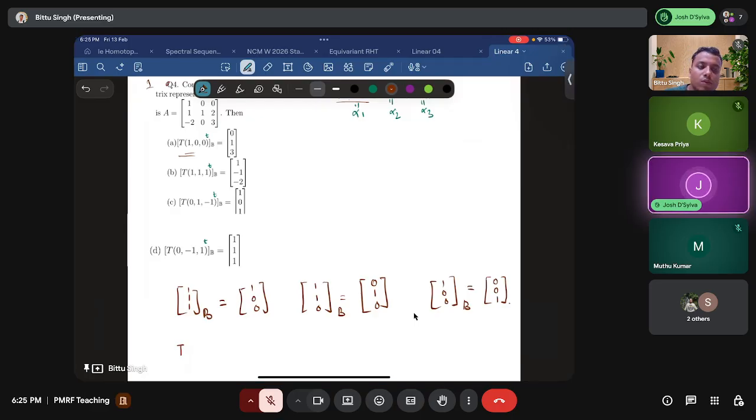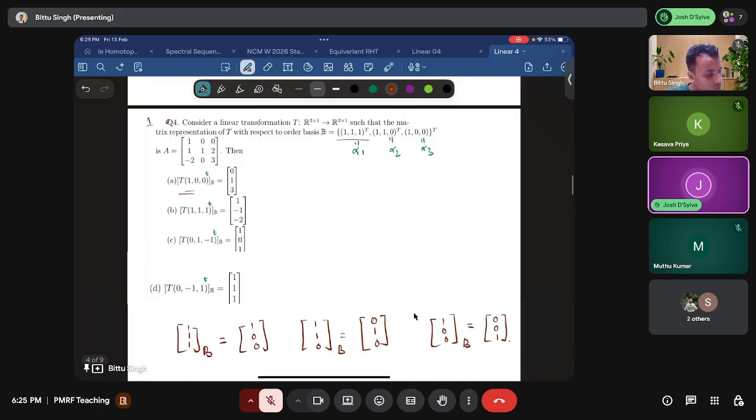I'm sorry, but I don't understand this part. Wouldn't it not make sense to have a 3 by 1 matrix with respect to the basis B, when B is a 3 by 3 basis?